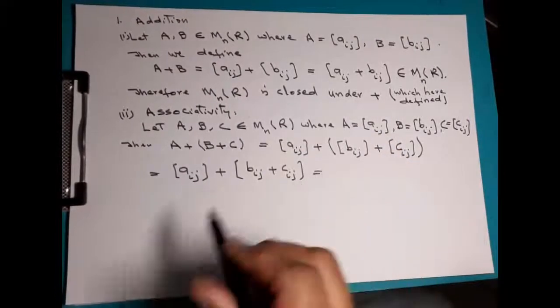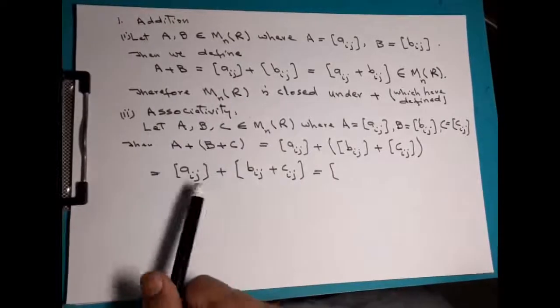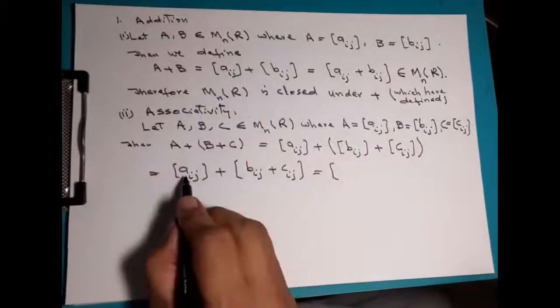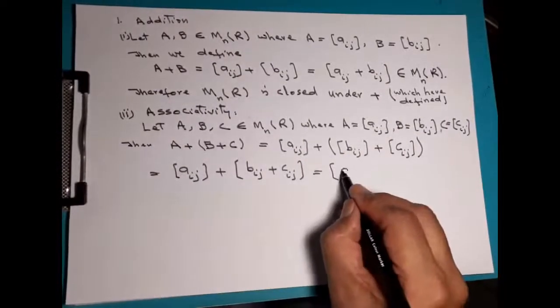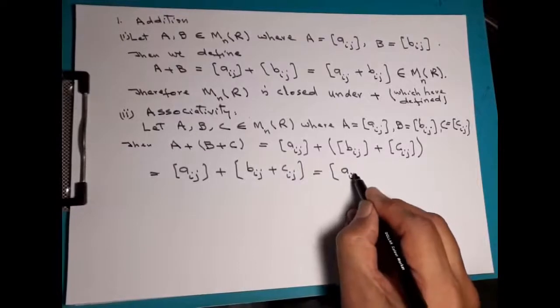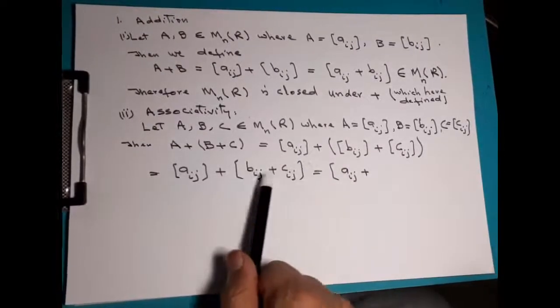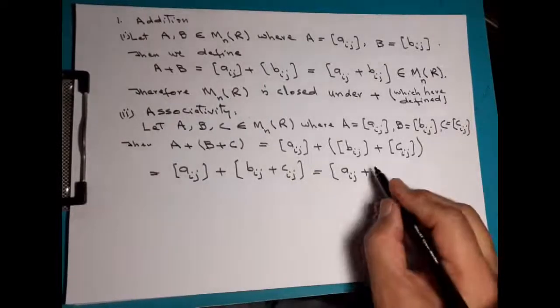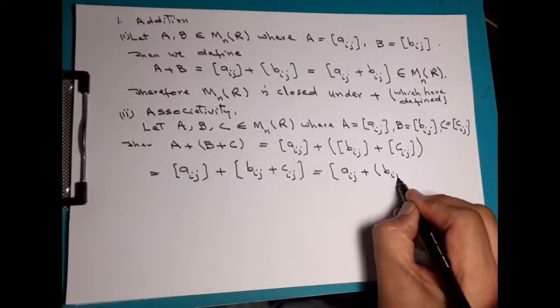And now we add these two matrices with each other. This is equal to, we add corresponding entries. So the ijth entry of this matrix is a_ij, and then plus the ijth entry of this matrix, which is this particular thing in brackets, b_ij plus c_ij.